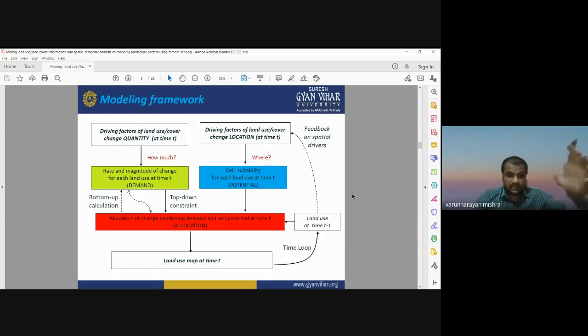After integrating both the information, the amount of change and the location of change, or we call it demand and potential, then we can go for the allocation of the change that combines both the demand and potential. That is known as allocation. By integrating the amount and location, we can have improved information of the allocation. That allocation has both the information, amount of the change and location of the change.